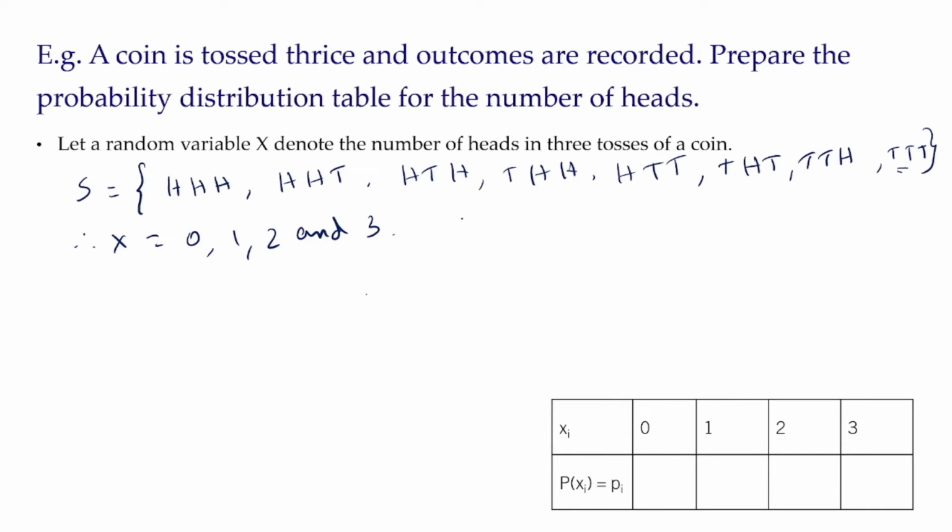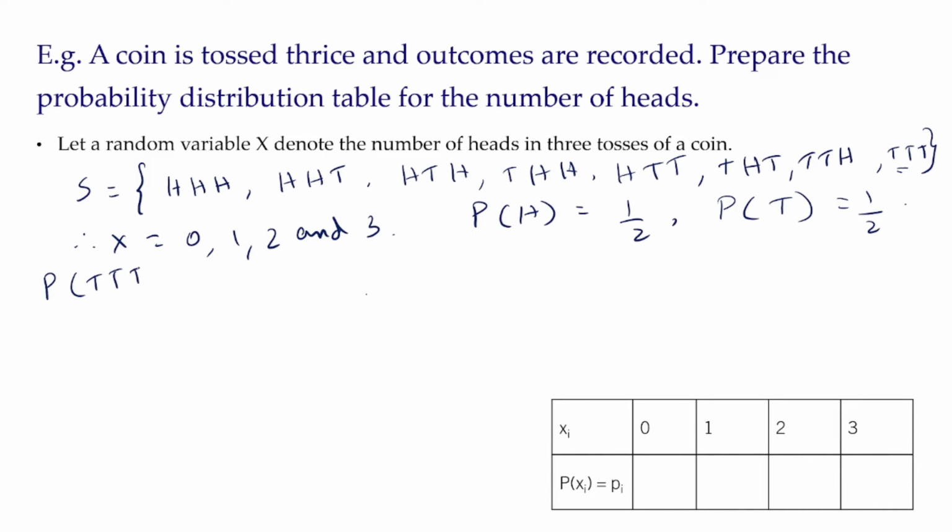Now we know that the probability of getting a head is equal to half, and the probability of getting a tail is also equal to half. Now let us find the probability of each outcome, that is, P(x=0), P(x=1), P(x=2) and P(x=3). First, P(x=0).